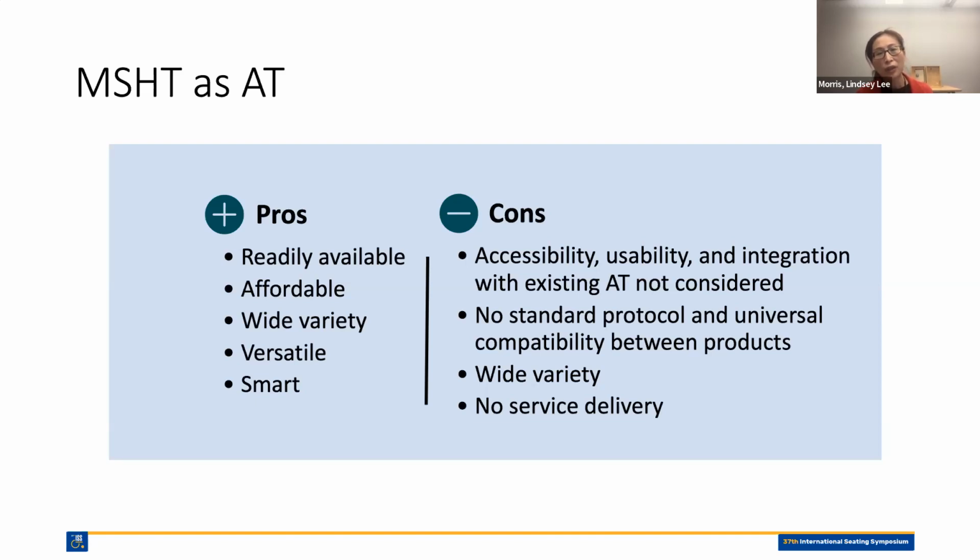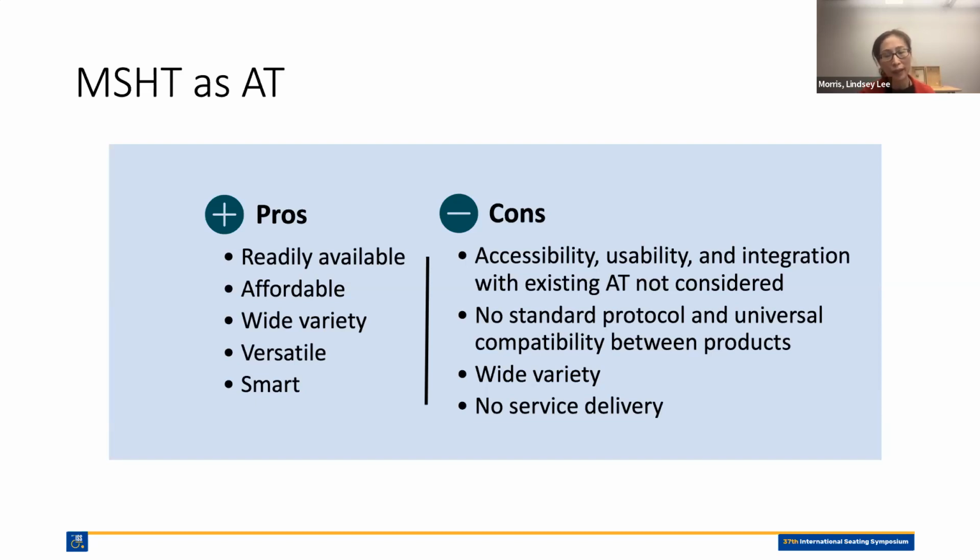This technology holds great potential to be used as assistive technology, especially supporting environmental control, and functioning like the environmental control units that we used in the past. It can also support communication, community participation, and all dimensions of quality of life. So the pros, like I mentioned, is that it's really readily available.